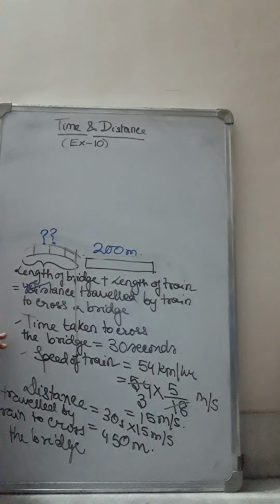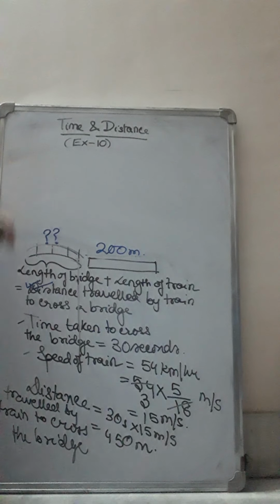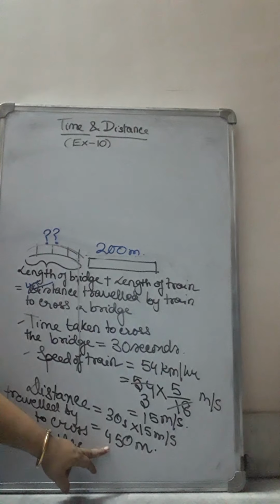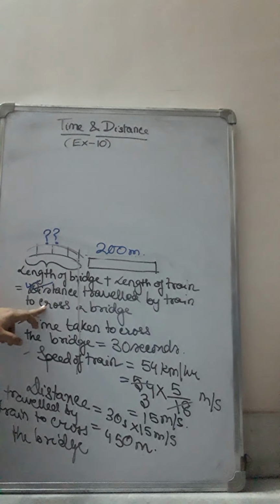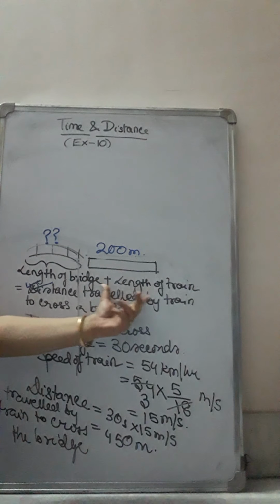I have rubbed the question, I want to solve it on top. The distance travelled by the train to cross the bridge, we know, is 450. And we know that the distance travelled to cross a bridge is equal to the length of the bridge plus the length of the train.